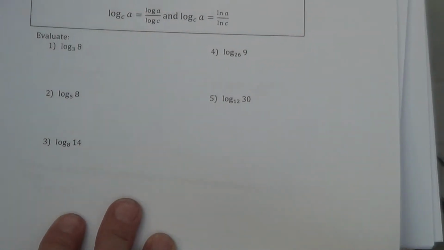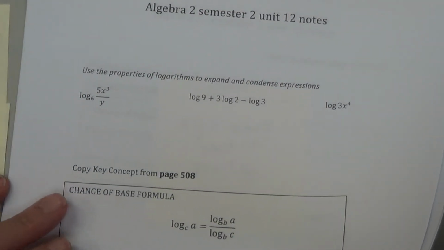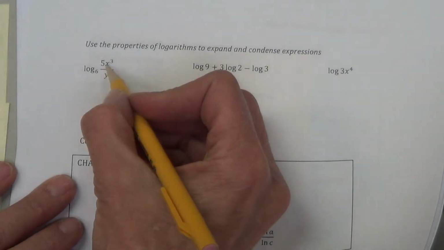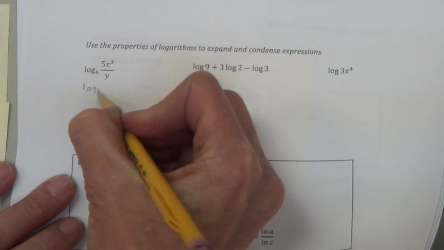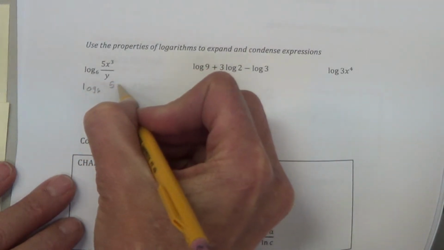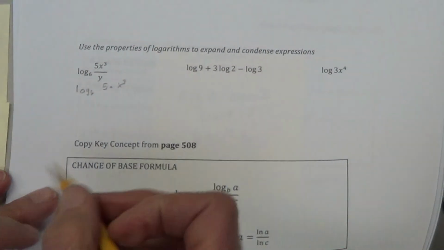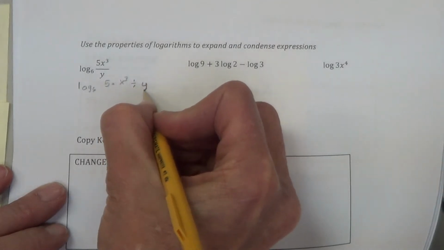Okay, so now we're going to expand or condense according to the laws that we just practiced. So if we look at this, it looks as though we have a log base 6 of 5 times x to the third divided by y.